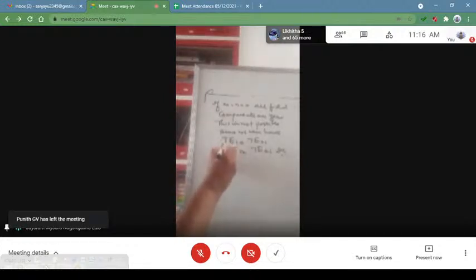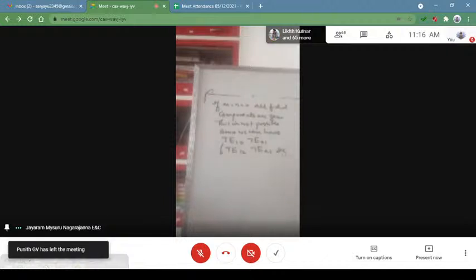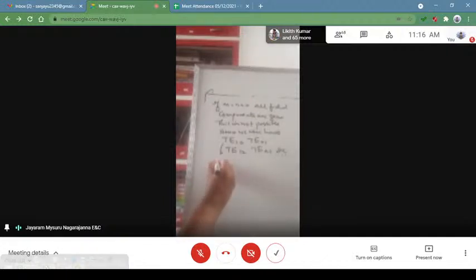Say for TE10, I can write the field pattern in this form. So this is your a, this is your b. The electric field will be along b.